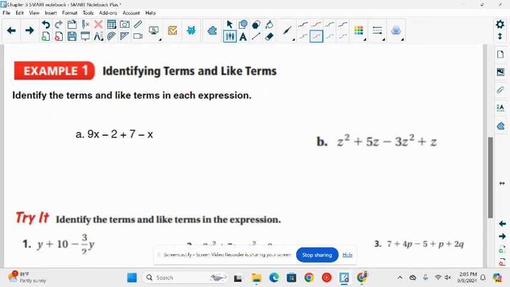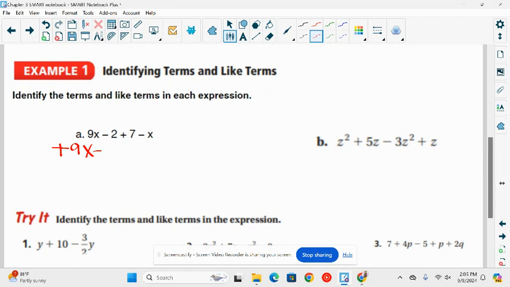It's no longer just 2, it's minus 2 or plus 7 or minus x. What about the very first term, that 9x? It's got a sign, it's just invisible. What can our sign be? Positive.